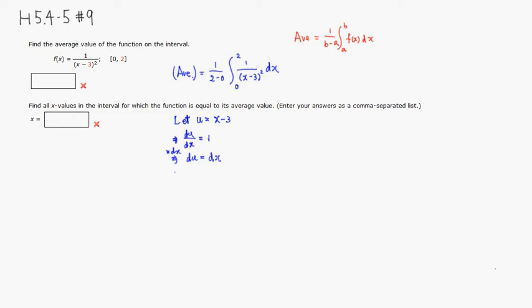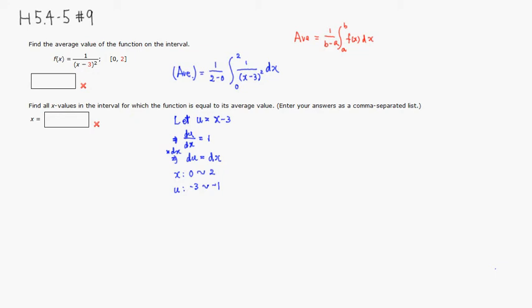And also the lower bound is 0 and the upper bound is 2. But now if you convert to u values, at 0 it's 0 minus 3, so negative 3, and at 2 it's 2 minus 3, so negative 1.